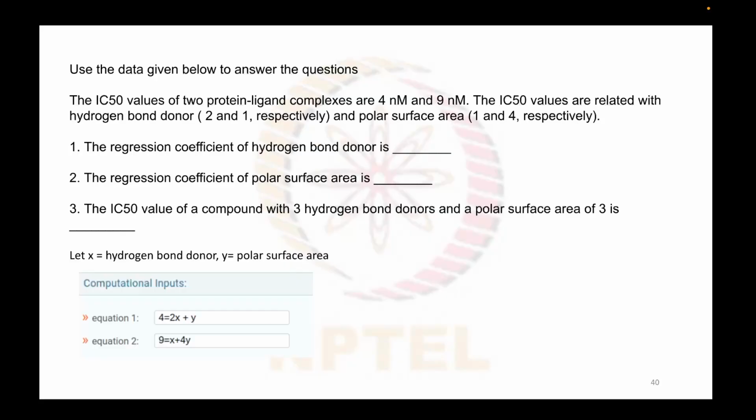Similarly, I have one more question. Again, here I have changed the values. Now the equations are 4 equals 2x plus 5 and 9 equals x plus 4y.